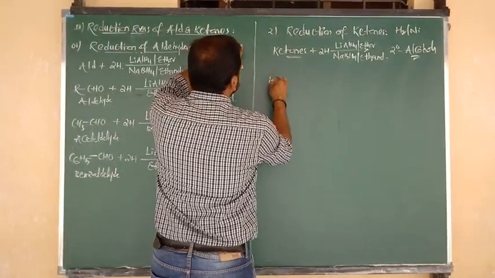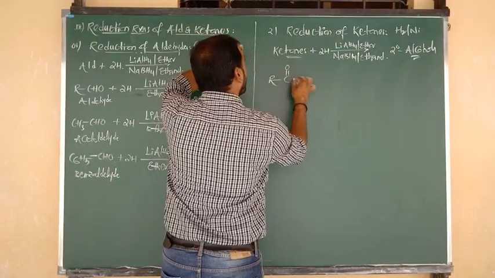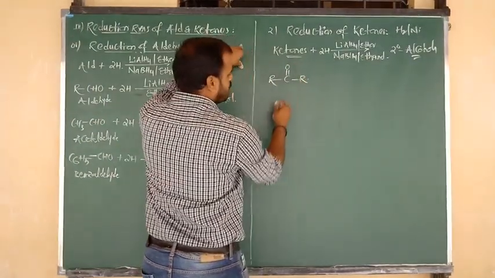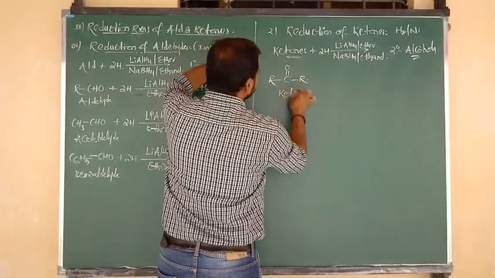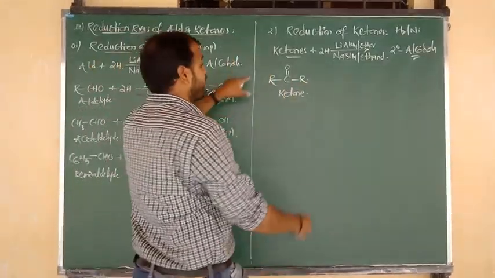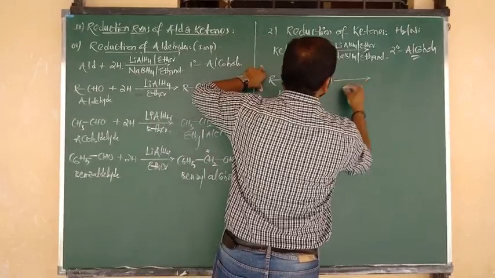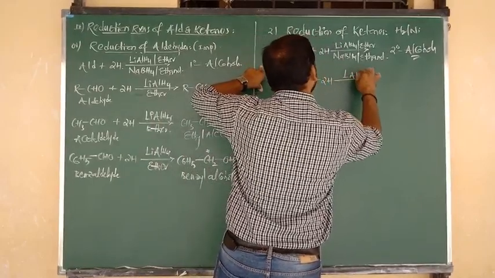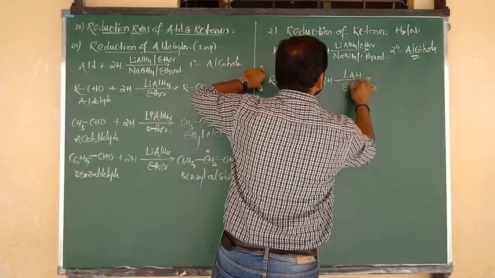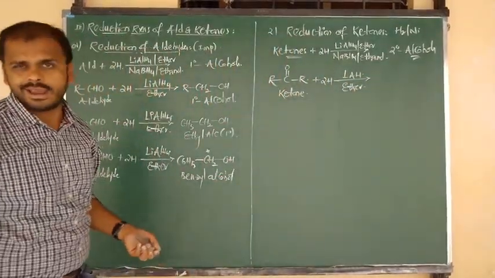What is the ketone general formula? R bonded to C double bond O, C double bond O bonded to R. Name of this compound is ketone. Ketones upon reduction, means addition of hydrogen, takes place by using LAH, lithium aluminum hydride, short form LiAlH4.